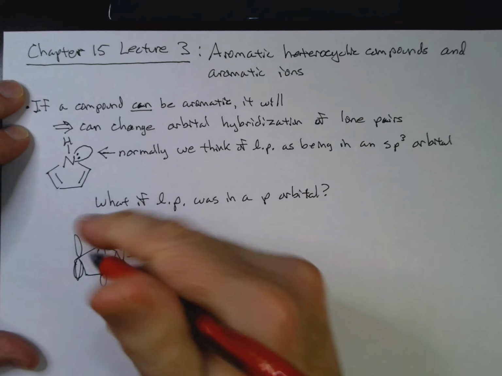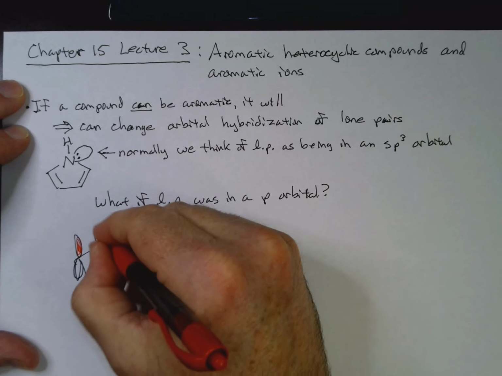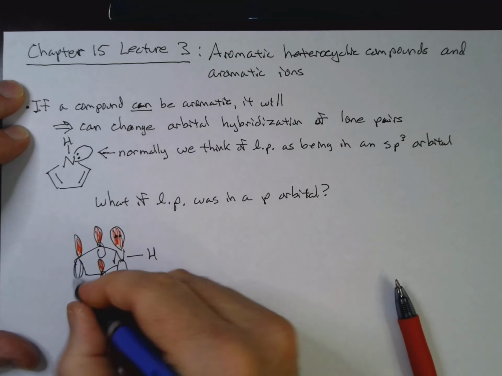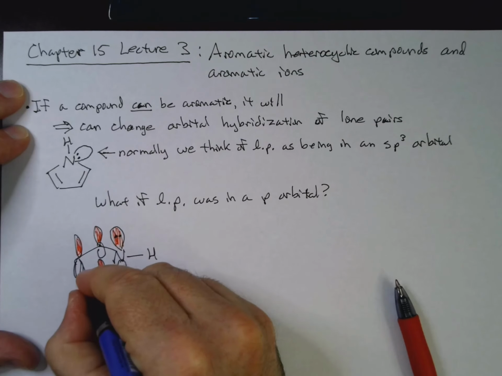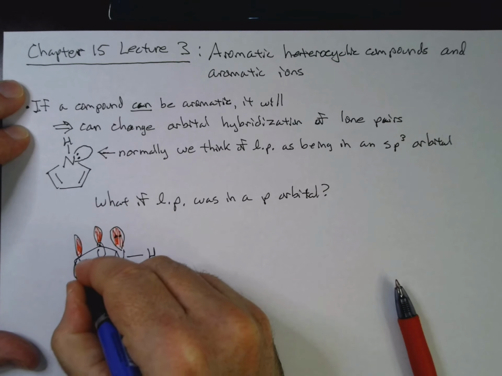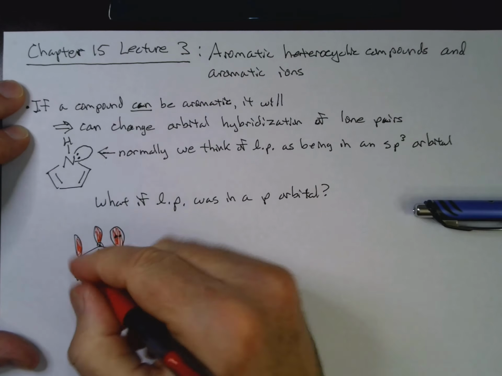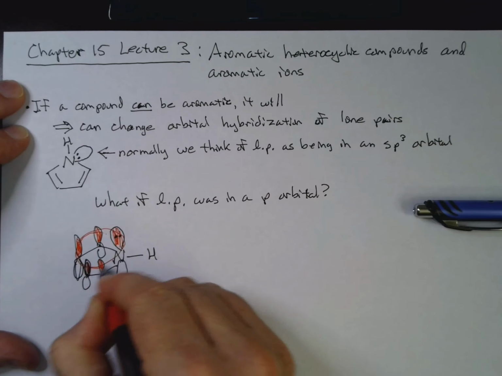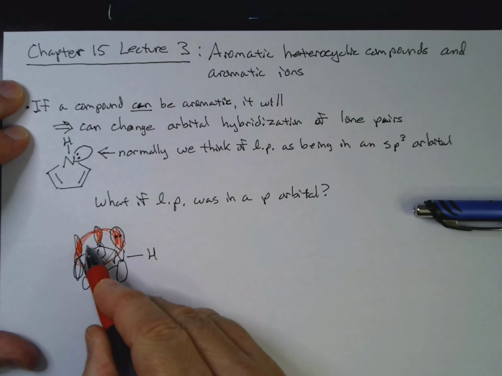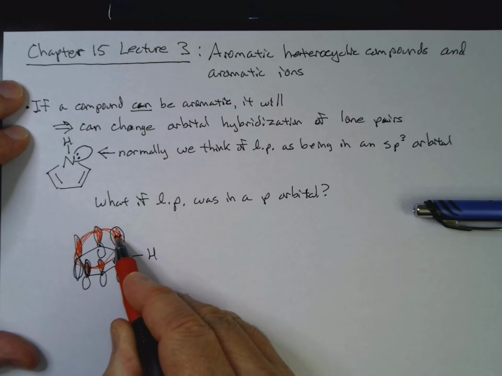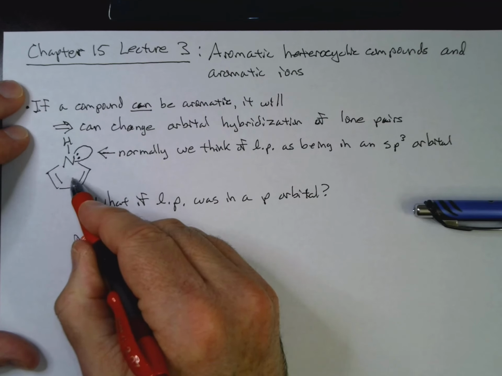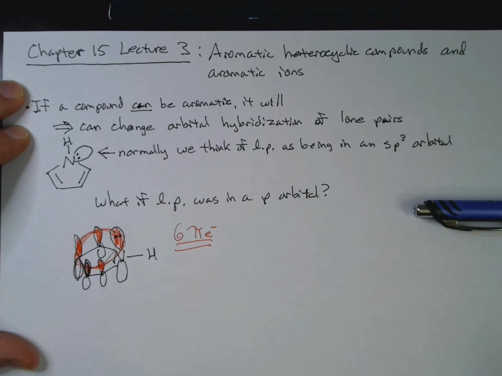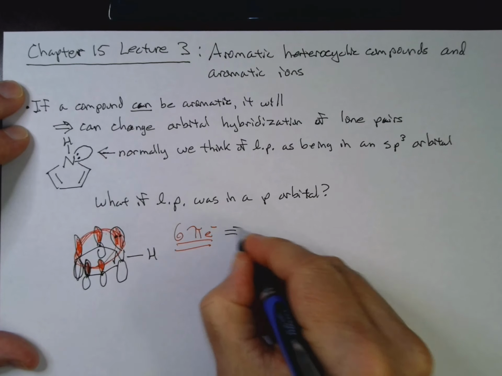Now we can go ahead and get our orbital overlap, because we've got 2 pi electrons, 4 pi electrons, and 6 pi electrons. So this would be 6 pi electrons. And that means that it would be aromatic.